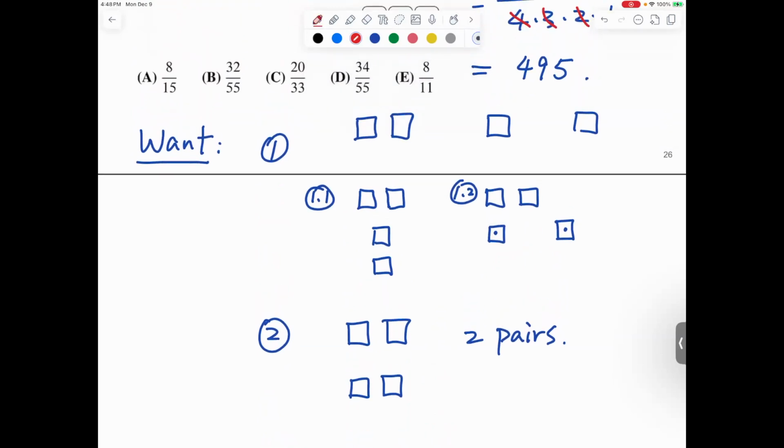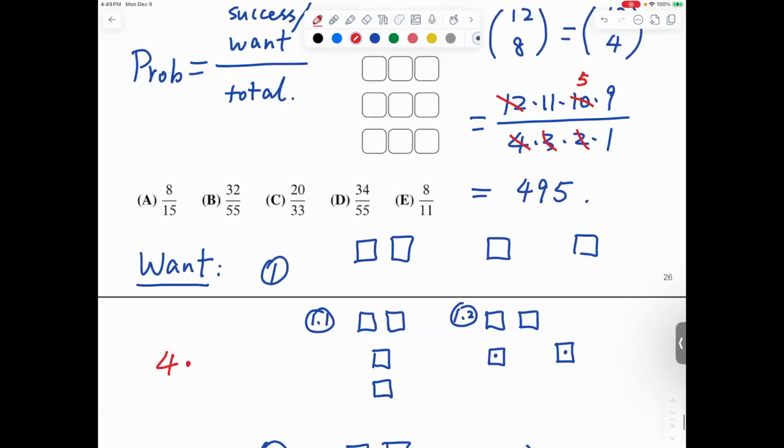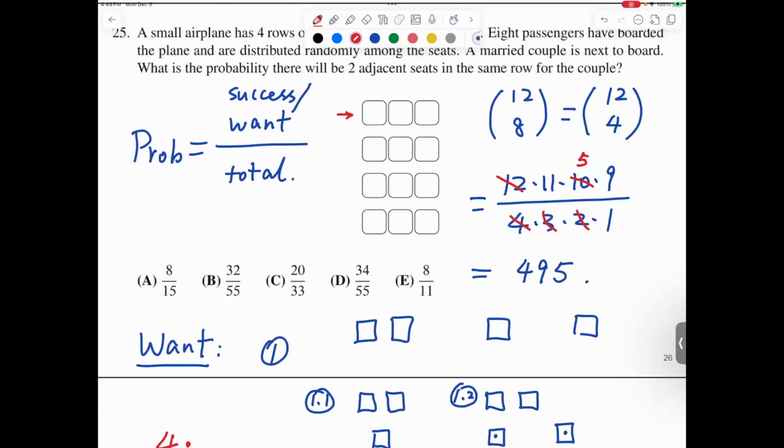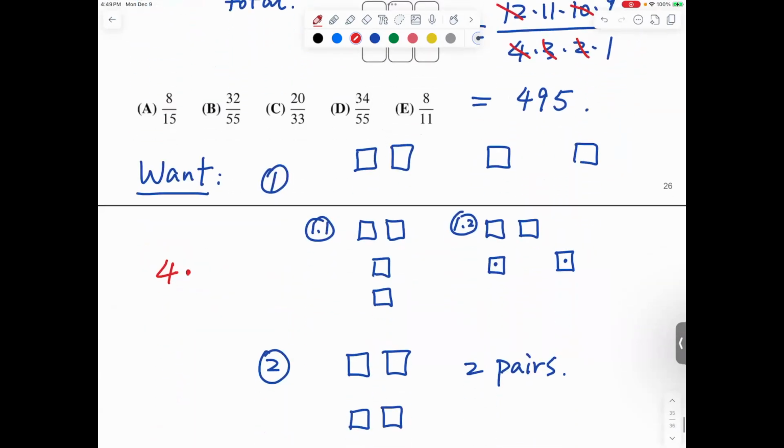Now, let's count how many ways for each situation. Let's first consider 1.1. So there are two seats next to each other in one row. There are four ways to choose that row. Then once we fix that row, for example, the first row, we either have this and this, or this and this. So there are two ways to have two adjacent seats. So 4 times 2. Then we assign the other empty seats to the other three rows.